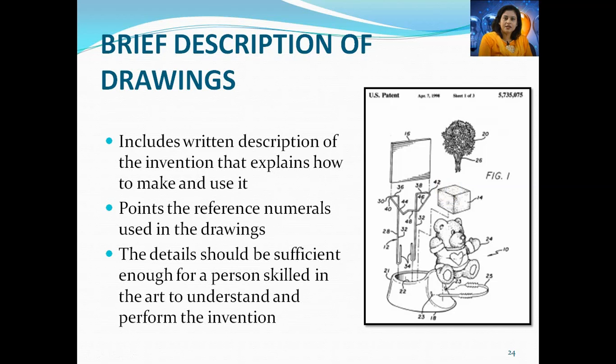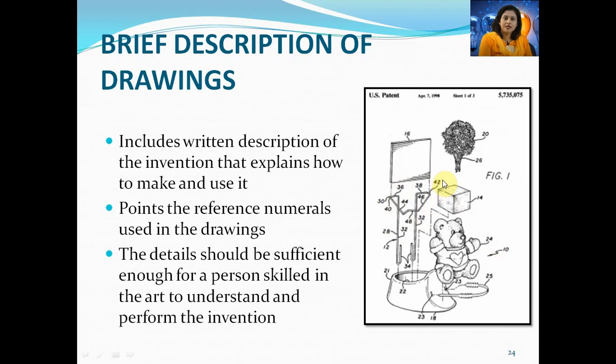You can see here the references 16, 38, 35, 46, 42, like that. You have to give your own referencing so that if you refer to one figure, it should be easy for the examiner to find out which section you are pointing to.